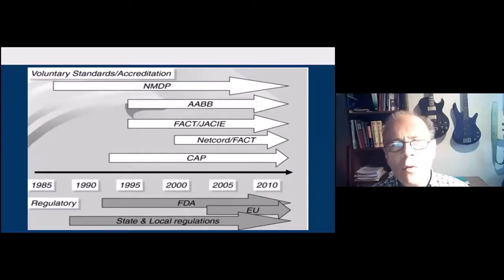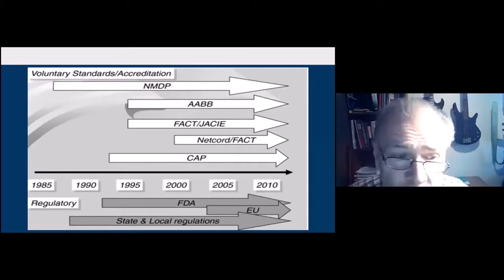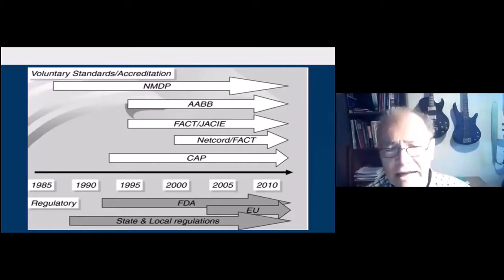We know that since the late 80s, we have voluntary standards and accreditation: the National Marrow Donor Program, AABB, FACT-JACIE, NETCORD-FACT, CAP, and of course the regulatory and state and local regulations in each country.